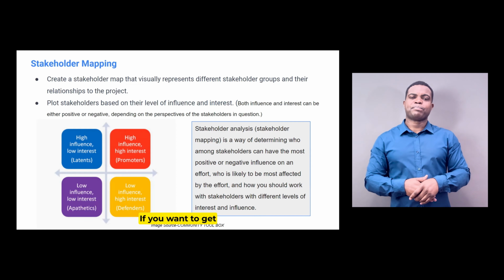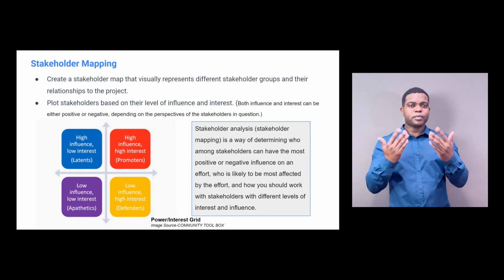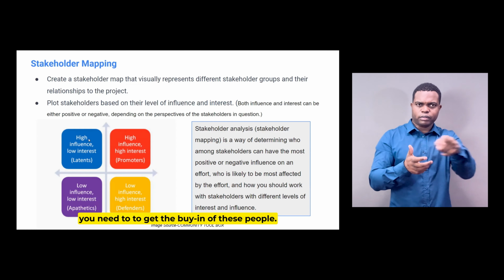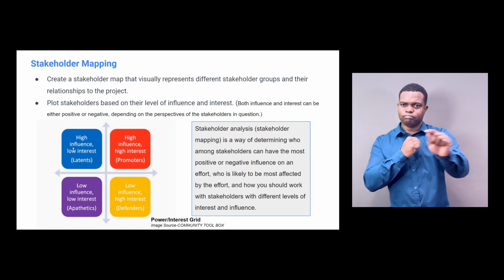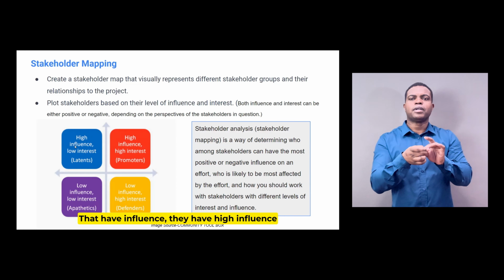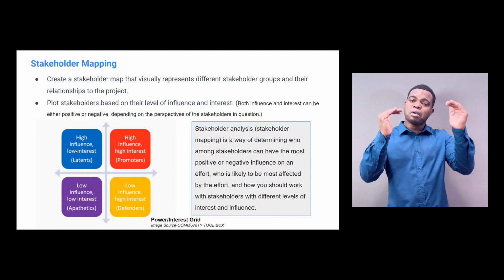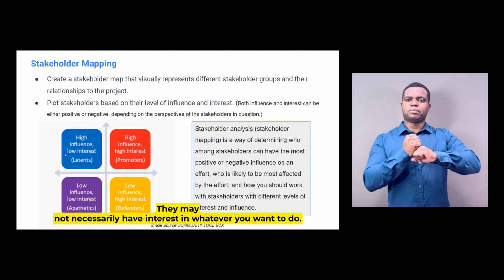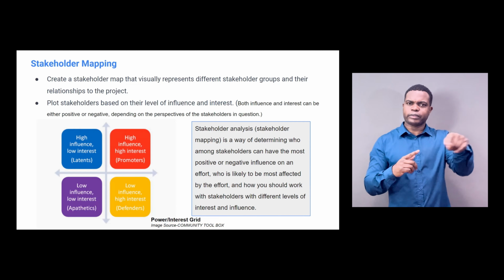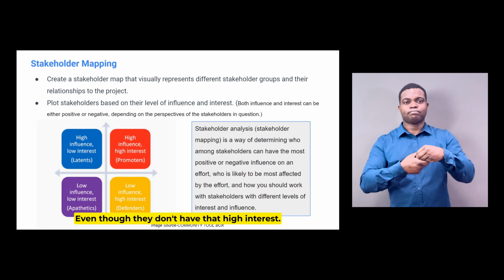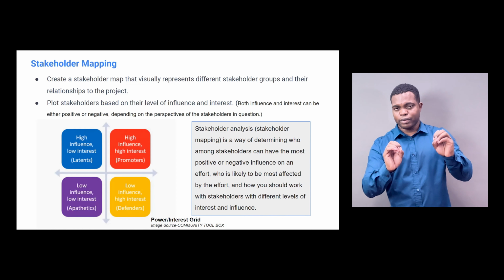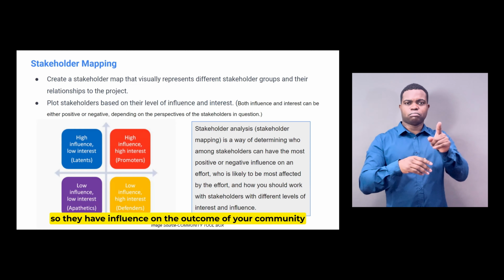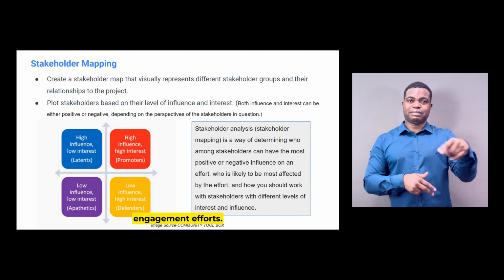Now, if you want to engage these people better, you need to get the buy-ins of these people that have influence. They have high influence, and they may not necessarily have interest in whatever you want to do. Even though they don't have that high interest, they still have high influence. So they have influence on the outcome of your community engagement efforts.